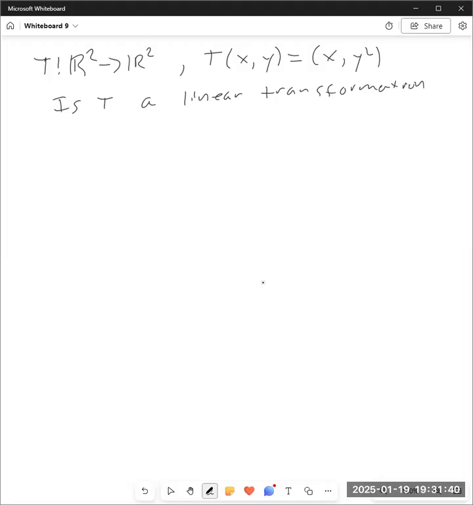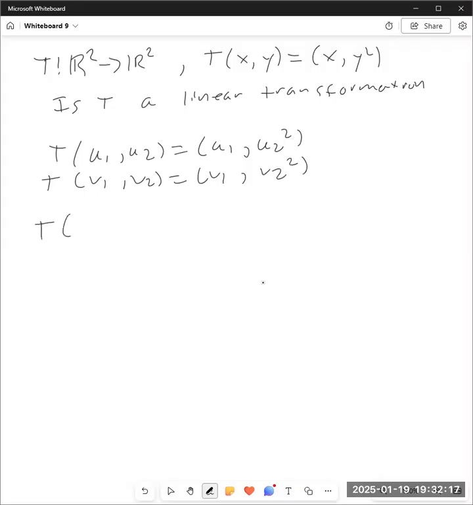So let's take T of u1, u2 is equal to u1, u2 squared. T of v1, v2 is equal to v1, v2 squared.